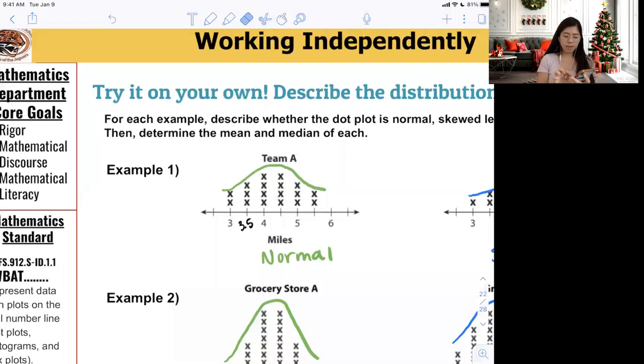So in my calculator, 3 plus 3 plus 3.5 plus 3.5, and I keep going, plus 3.5. Do it with me. Then it looks like there's 4 4s, so plus 4 plus 4 plus 4 plus 4. There's 4 4.5s, so keep it going, see what you get.